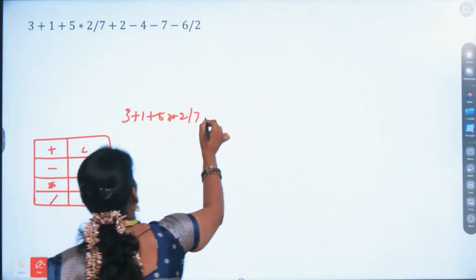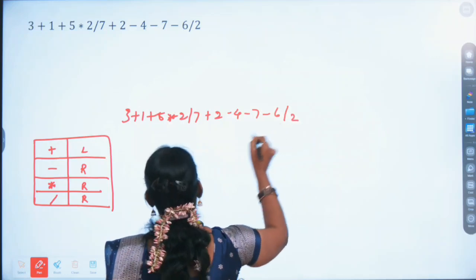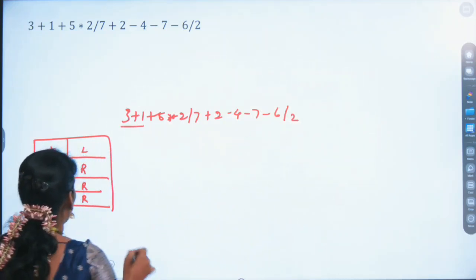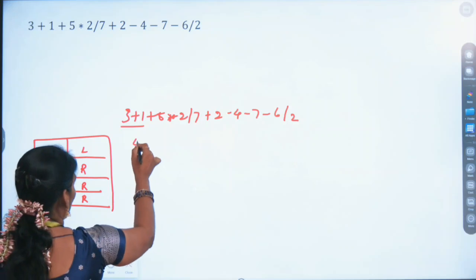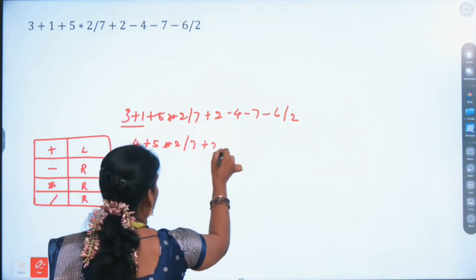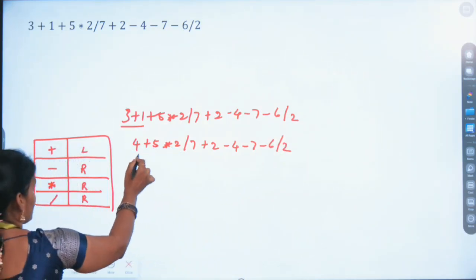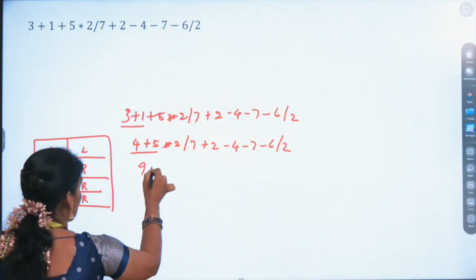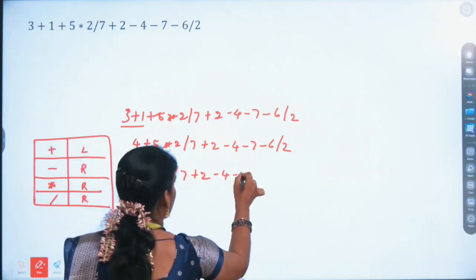The expression is 2 by 7 plus 2 minus 4 minus 7 minus 6 by 2. First we have to do the addition operation since it has the highest priority. So 3 plus 1 is 4, 4 plus 5 is 9.